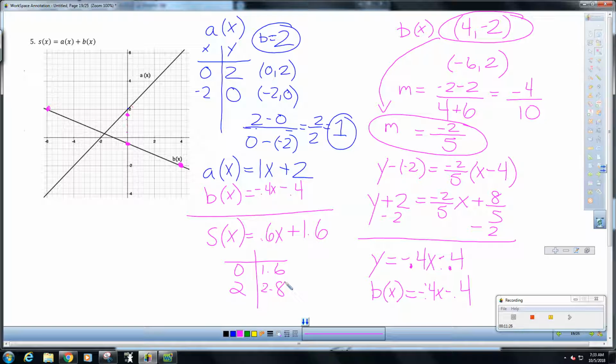So if I put in a 2, I get 2.8. Okay? So now the pink line is going to look like that. Okay? And that's a different way to do that problem. I hope this helps. Thanks for asking the question. Boom!